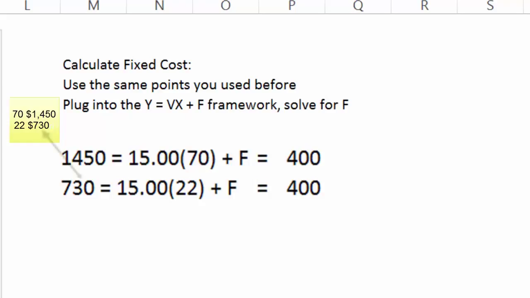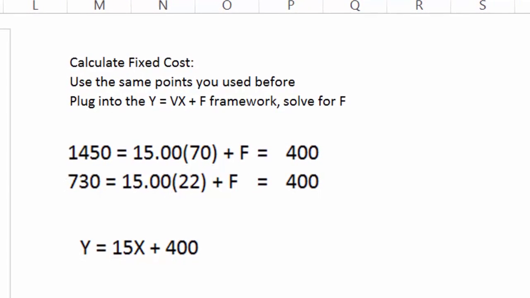So 730 were the dollar amounts from our low observation, equals 15 is the variable cost that we predicted, times 22, which is the cost driver from our low observation, plus f. We solve for f, we get 400 again. That means that our formula is y equals 15x plus 400. We've solved this equation.